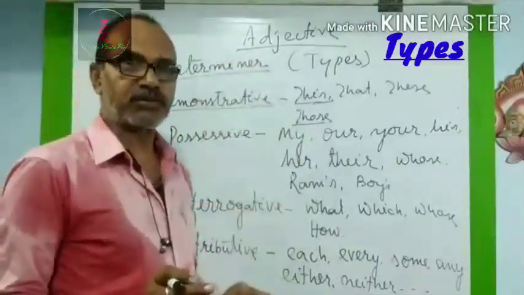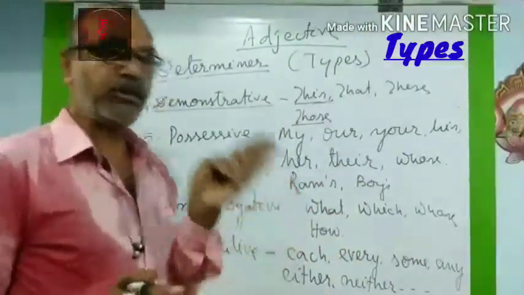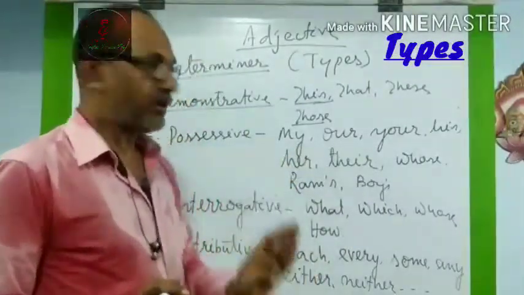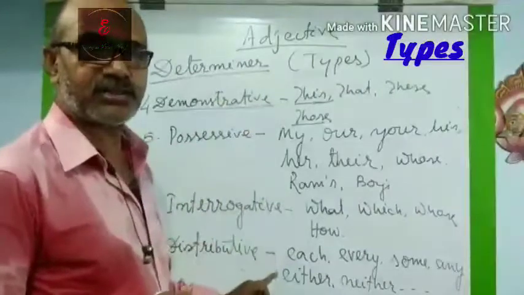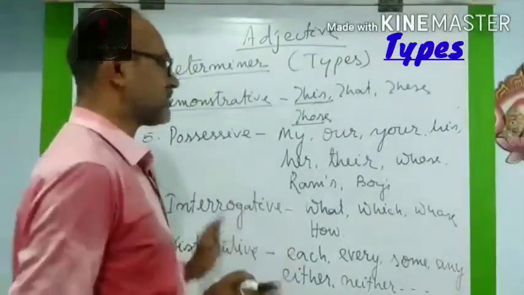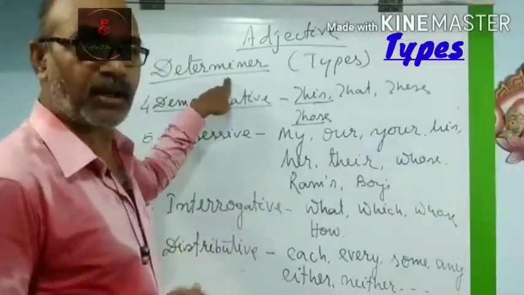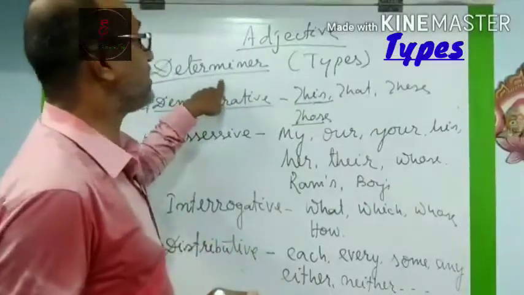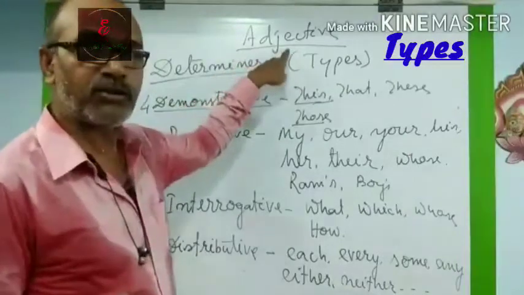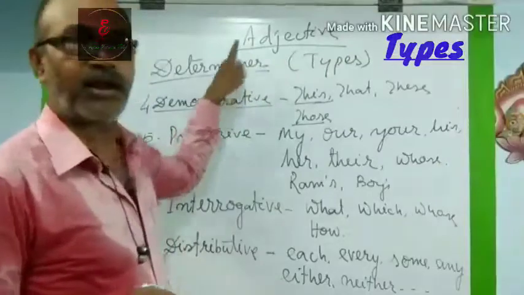With some example sentences that you make, when you observe them, then only can you understand this determiner better, and be clear about this particular term, how a determiner is different from an adjective, and how it is similar to an adjective. So this is all about determiner and adjective.